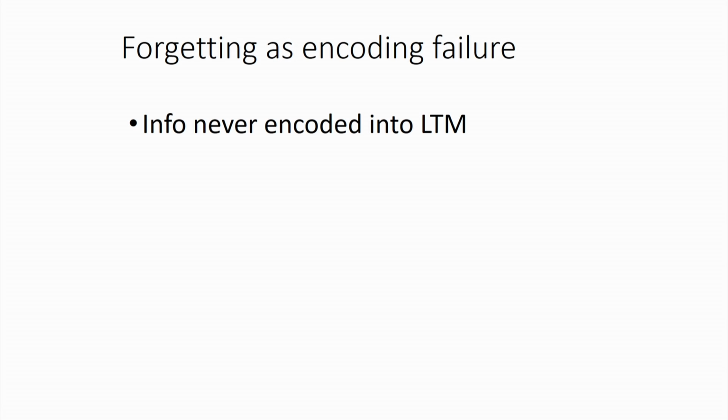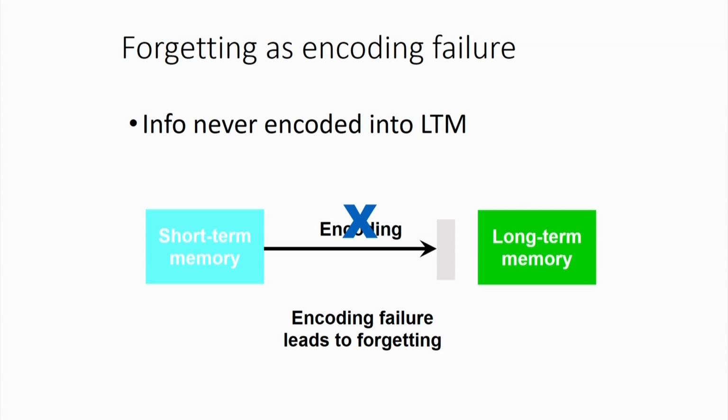Let us look at these theories one by one. The first theory says that forgetting happens from long term memory because people never encoded the information. It could have happened that a piece of information was given to you and you never encoded it, and that could be one of the reasons why forgetting happened. For example, if I ask you where the tilde key is on your computer keyboard, people who have not used the tilde key have never encoded where it is.